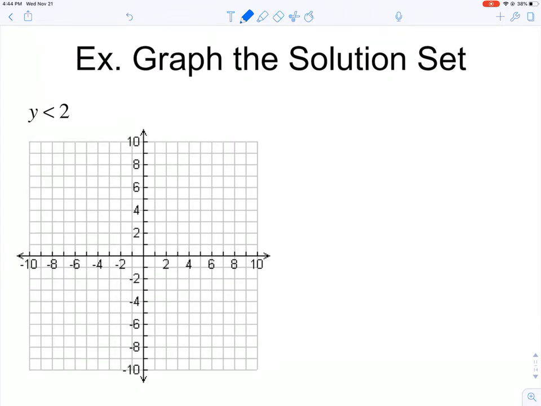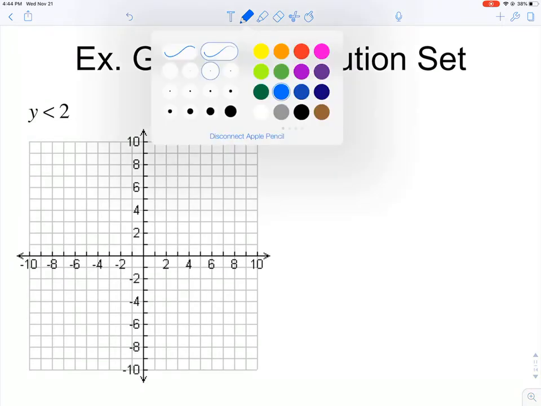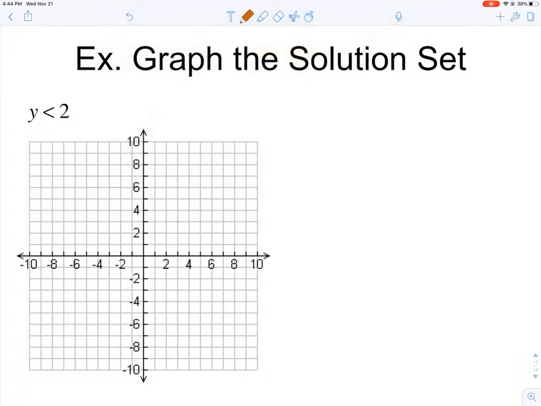Okay, this is a little bit different. So our boundary, notice y is already by itself on one side of the inequality. So our boundary line is going to be y equals 2, which is a horizontal line. Because it's y strictly less than, we're going to have a dashed boundary line.